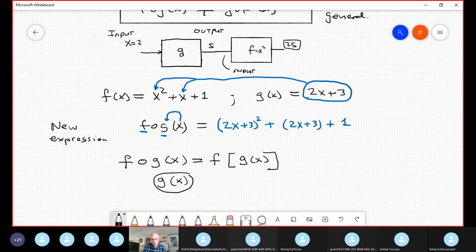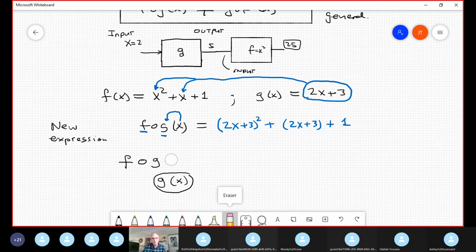No. This is not elegant. This is totally crazy, ridiculous. So you need to manipulate. The rest is elementary algebra. You FOIL. I want to do it fast because it's 3.